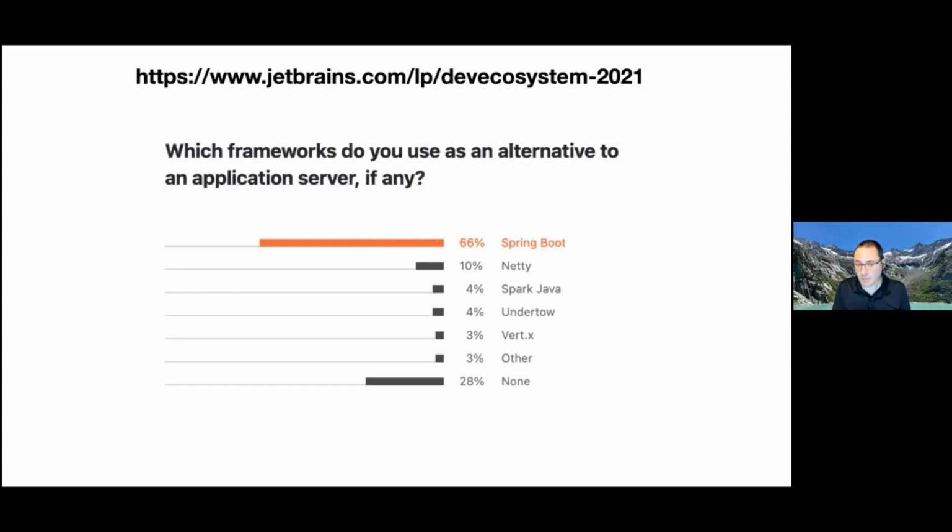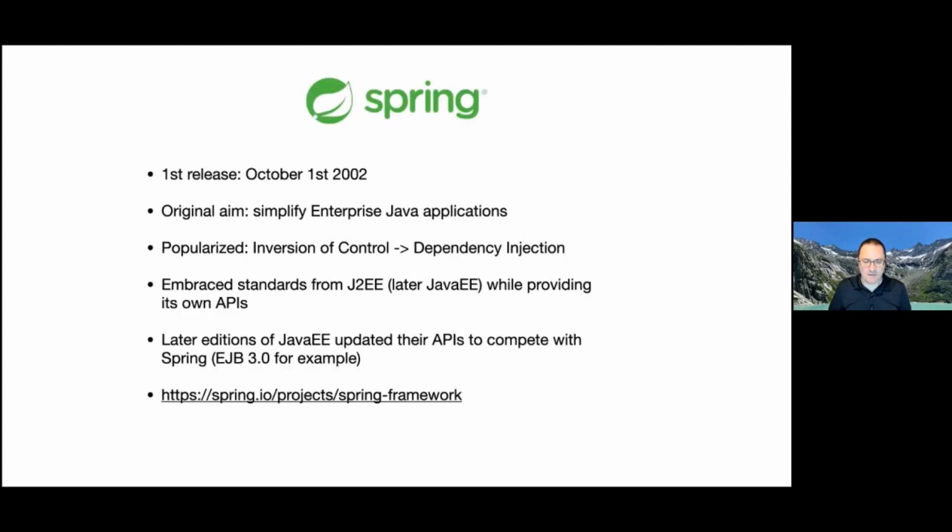You may deploy it inside an application server if you want to, but the way a Spring Boot application is designed and packaged, you really don't need that. So again, Spring continues to dominate. A few words about Spring, so you understand how it came to be and what it is.